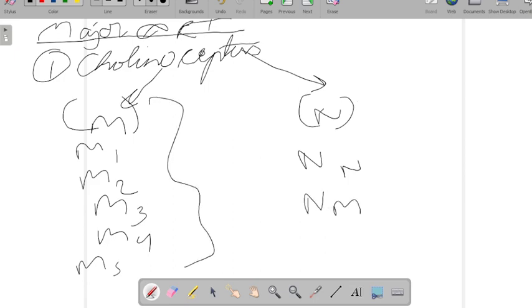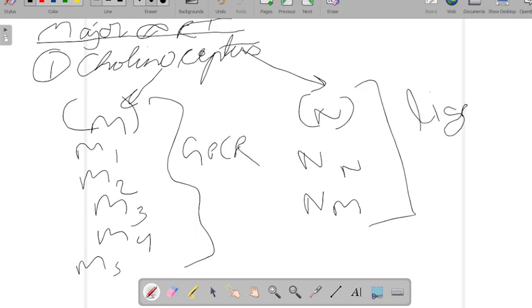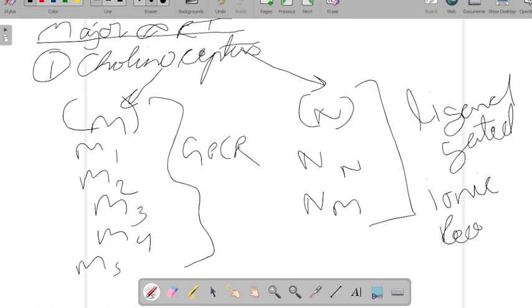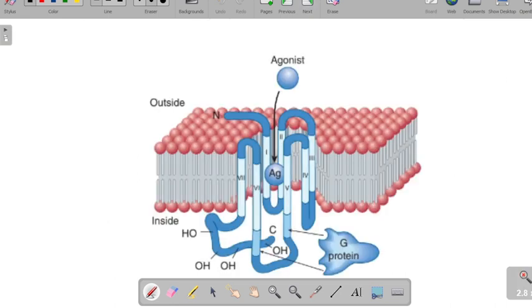So muscarinic are G protein coupled receptors and nicotinic are ligand gated ionic receptors. This is a typical muscarinic receptor.